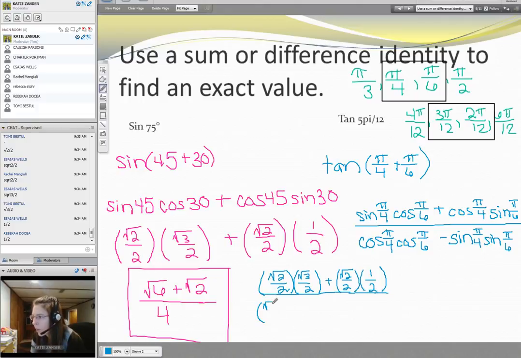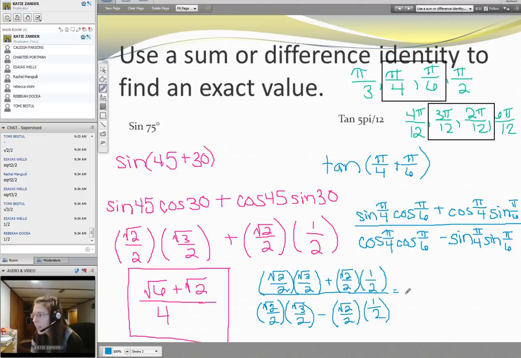Cosine of pi over 4 is your square root 2 over 2. Cosine of pi over 6, we said that was your square root 3 over 2, minus square root 2 over 2, and sine of pi over 6 was the 1/2. All right, before we go too much further, any ideas what this is going to simplify to? All right, let's take a look here.